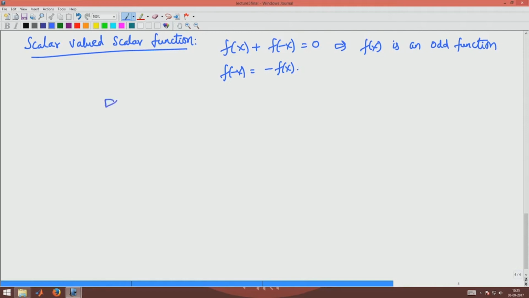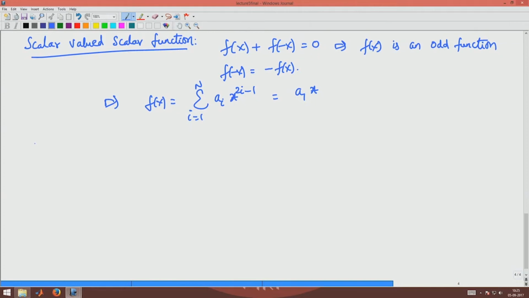This implies f of x can be represented as a polynomial, the sum of a_i x to the power 2i minus 1, i equal to 1 to n, wherein it will be in terms of odd powers of x. In particular, this can be of the form a1 x, right. So, that is what you will immediately conclude based on this restriction.